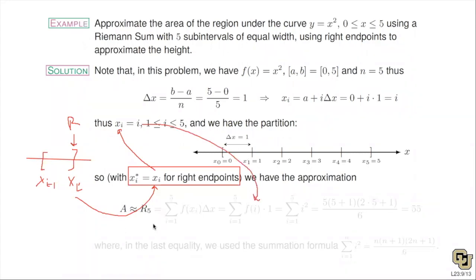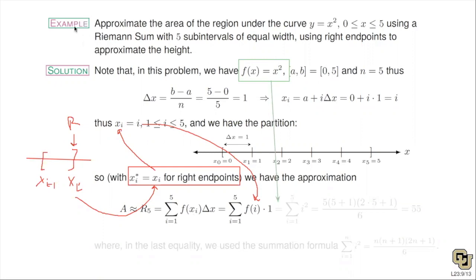So now I can replace x sub i with i. Here in my approximation for the area, I'm doing height times width, where the height is calculated at the right endpoint, x sub i star equals x sub i. And then x sub i is replaced with i because we calculated what x sub i is. And now I'm using the function, f of x equal to x squared, and applying it here.